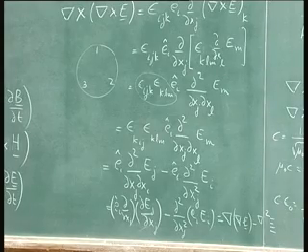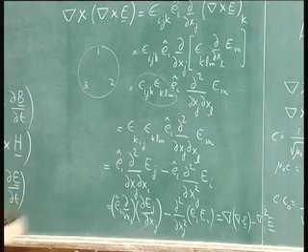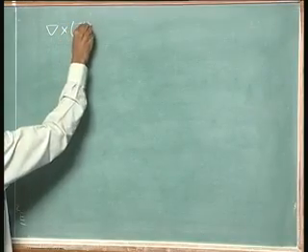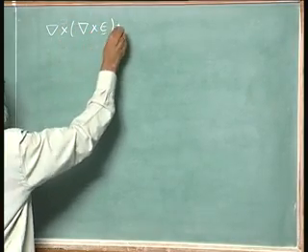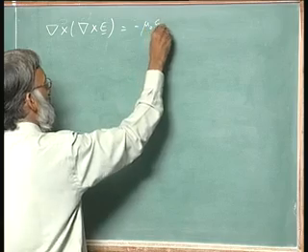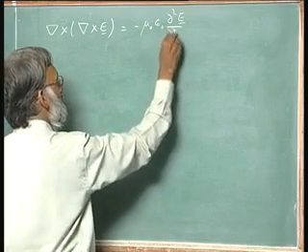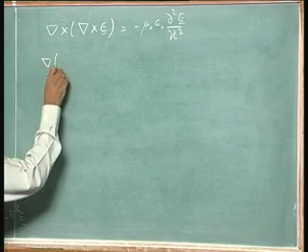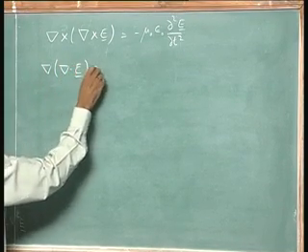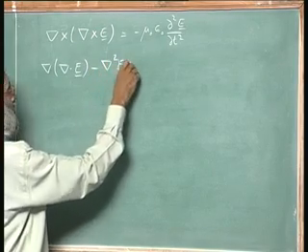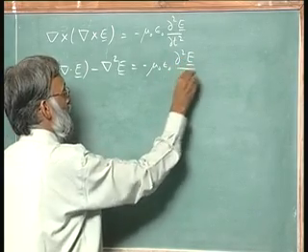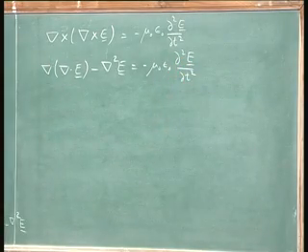So, I can reduce the wave equation to a simpler form. The simpler form is, let me rewrite the equation itself, curl E is equal to minus mu naught epsilon naught del squared E del t squared. This curl E became gradient of divergence of E minus del squared E is equal to minus mu naught epsilon naught del squared E del t squared.